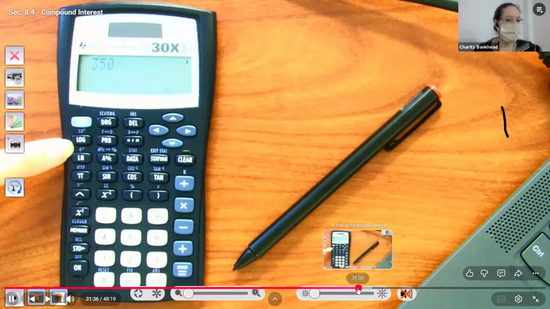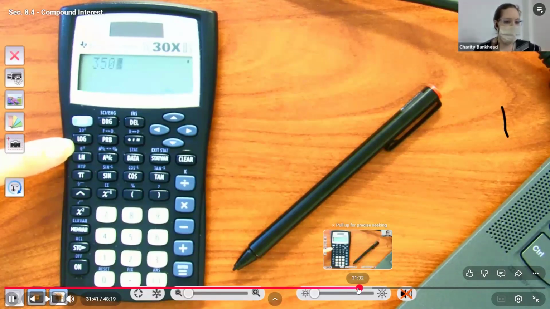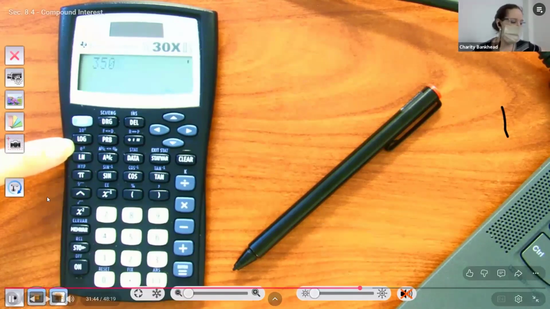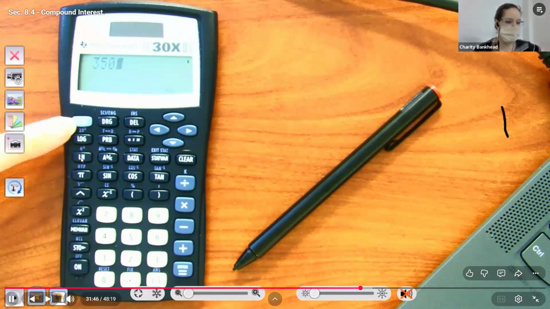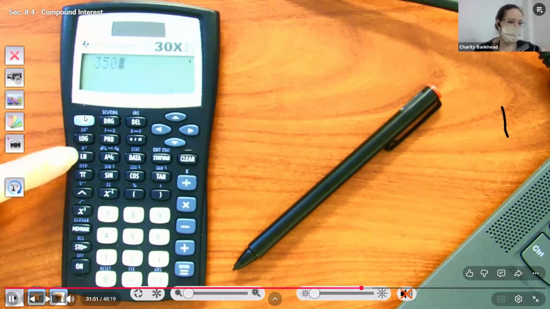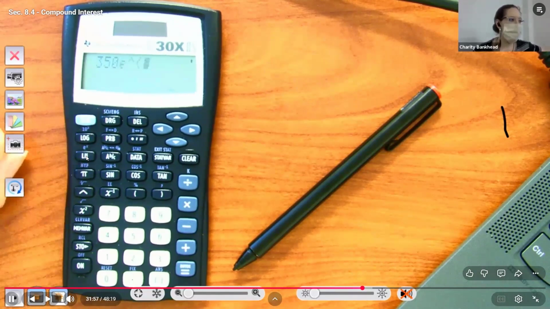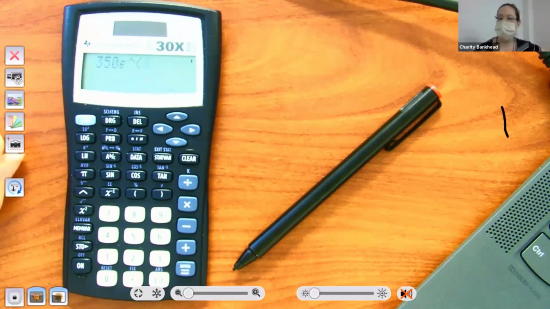So 350, and then we're going to locate E. On most calculators, it's right above the button that says LN. You have to press the second function button first, and then press the LN button. That's going to give us E to the power of, and it even gives us the open parentheses that we need.